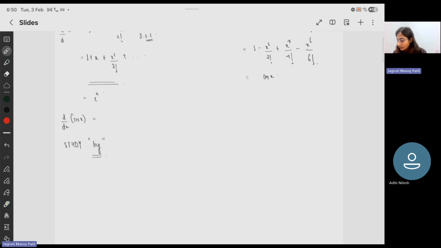So study log, study derivatives for log, and log identities. I'm not saying some hi-fi identities, but just how to solve logs. Like last day I told you how the identity evolves, like a by b, if it's a separable function or not, how the identities go. So study these particular identities.